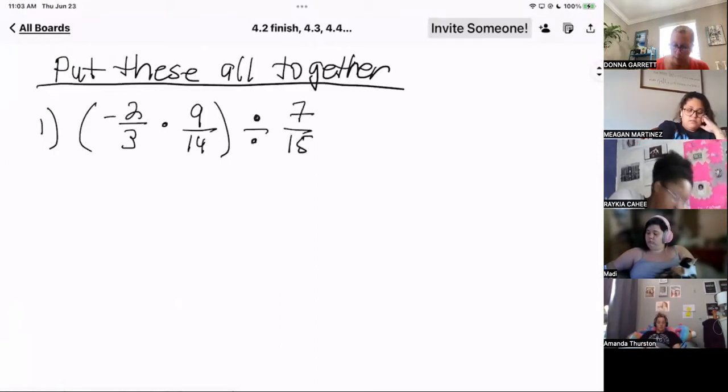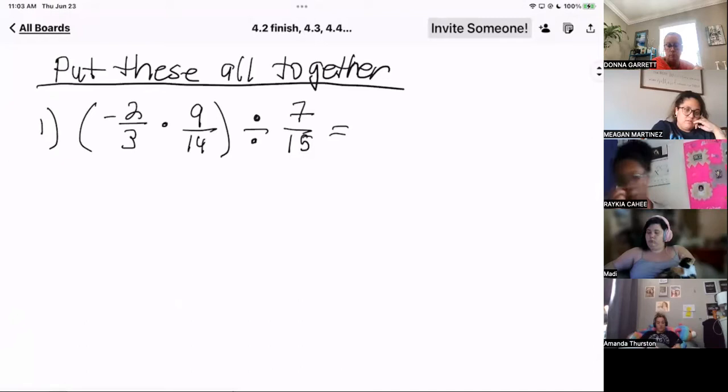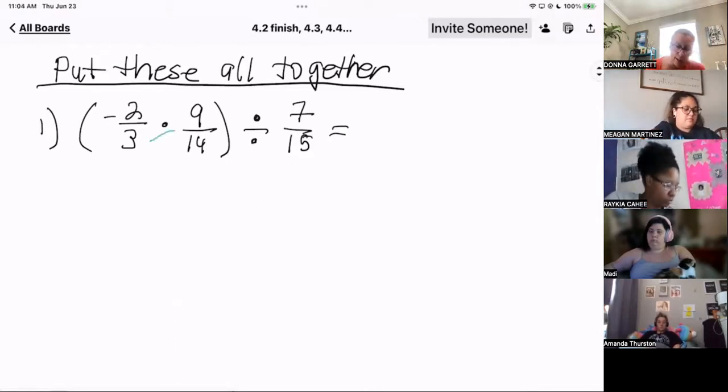Whoop, bad 15. Okay, so it's like any other order of operations, we have to do parentheses first. But I'm gonna do cross simplifying first. So I know if I go this way, I can divide both of them by 3.